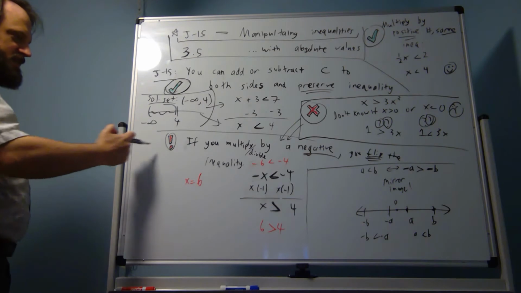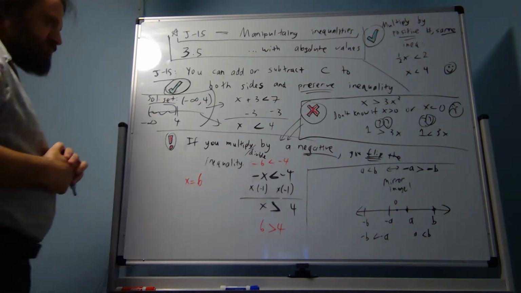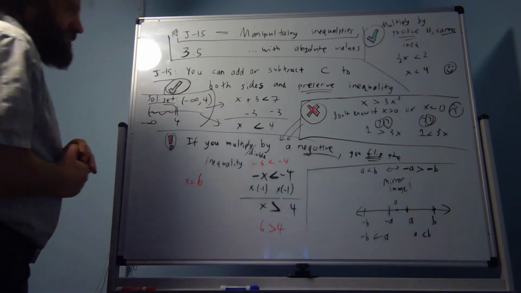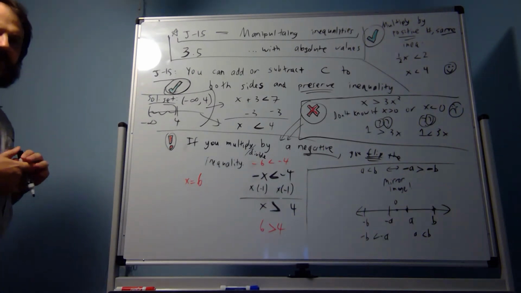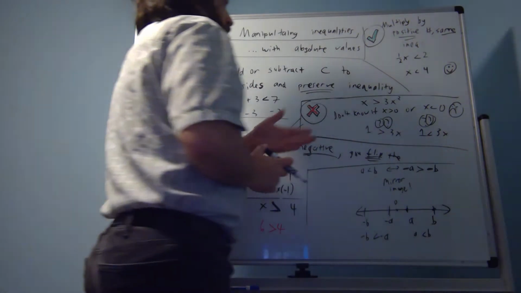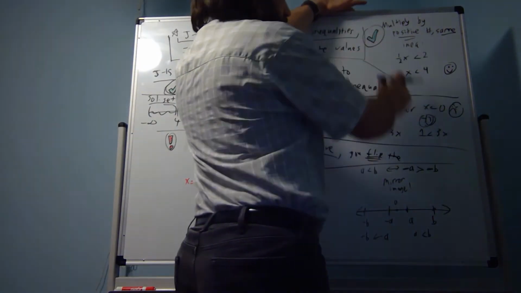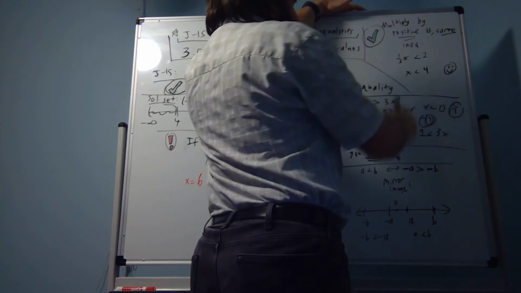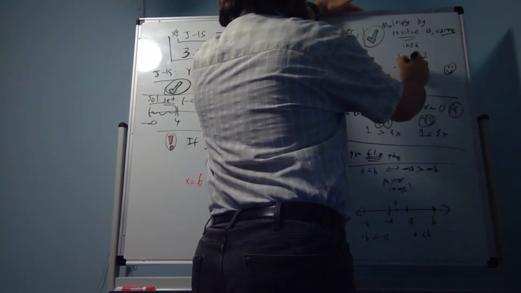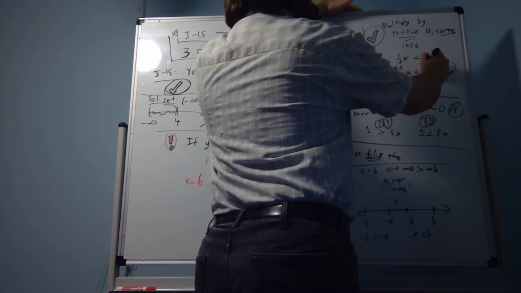What's easy to forget is multiplication. The good news is that you can always multiply by a positive number and you get an equivalent inequality. So if 1/2 of x is strictly less than 2, you multiply both sides by 2.